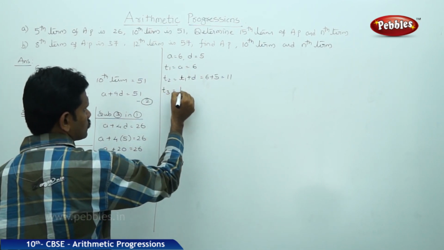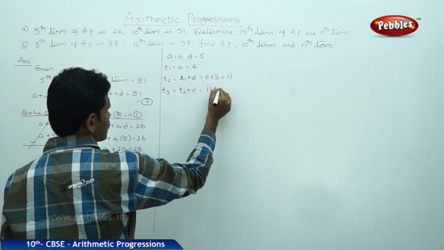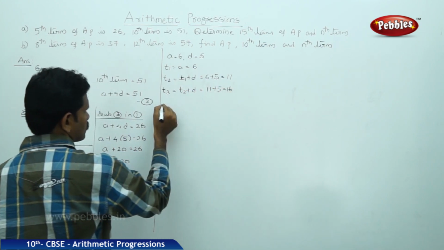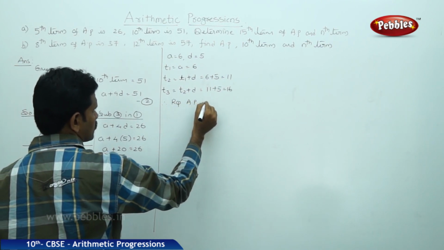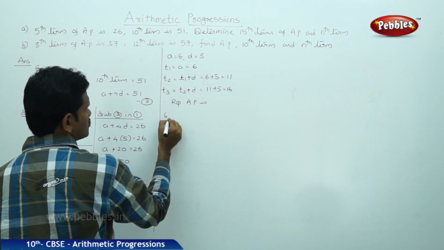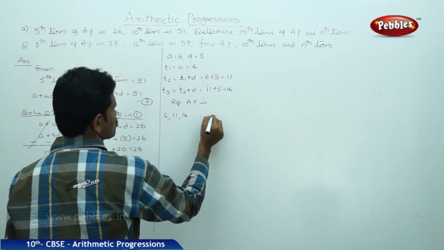T3 is equal to T2 plus d, that is 11 plus 5, equal to 16. Therefore, the required AP is 6, first term, 11, 16 and so on.